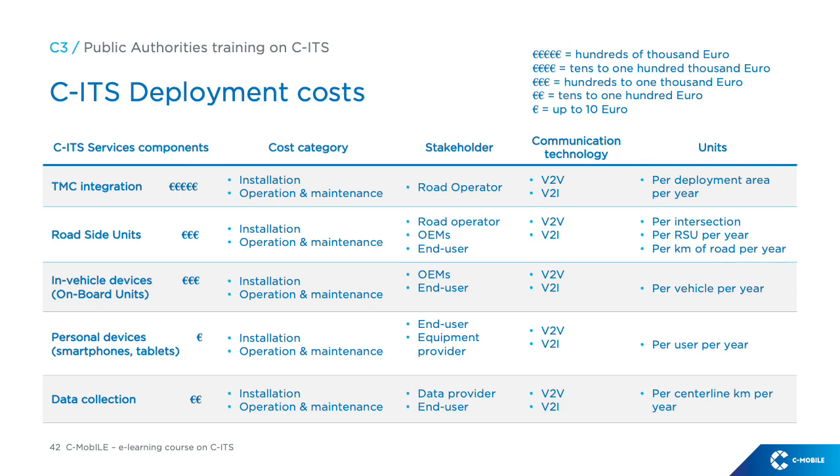Data collection costs are related to the data necessary for the function of CITS and concern data providers and end users. Information about cost categories is given as an indication here. The actual cost of the various items is not quantified because these are determined by multiple factors.